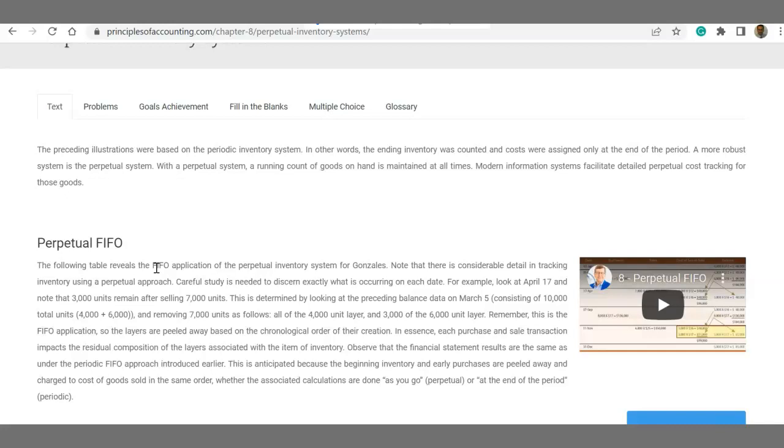But if you go to a mom and pop business, they're not gonna do perpetual. They're gonna do periodic. That means they don't have a sophisticated software where they can scan the t-shirt and deduct the t-shirt from the inventory automatically and recognize the cost of goods sold automatically.